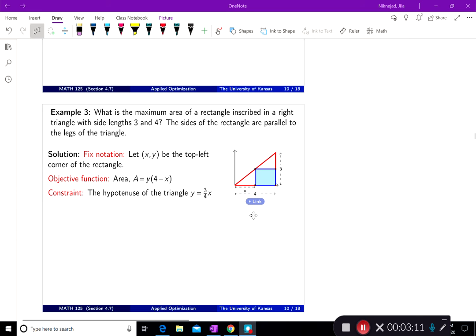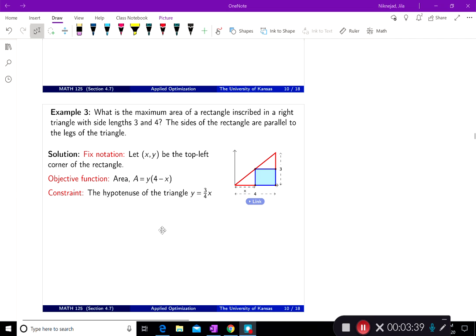Or the other way of saying this is that 3 over 4 is also equal to this length over x, that is y over x. And so y is 3/4 times x. That's the relationship that you see.